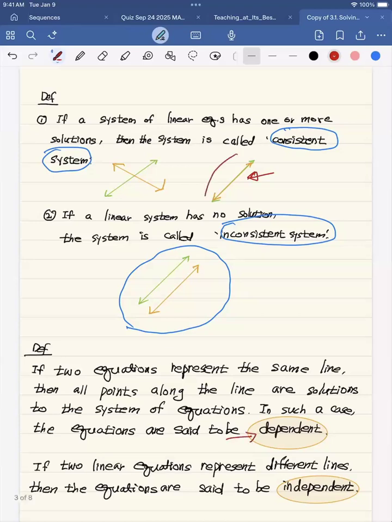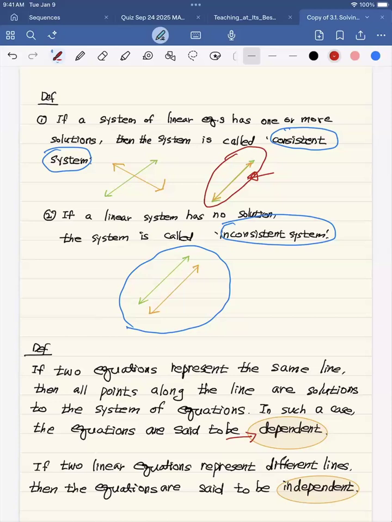So when we think about the equations, when we fix them to slope-intercept form, then those must be the same equation. So those are just dependent, and there are infinitely many solutions.